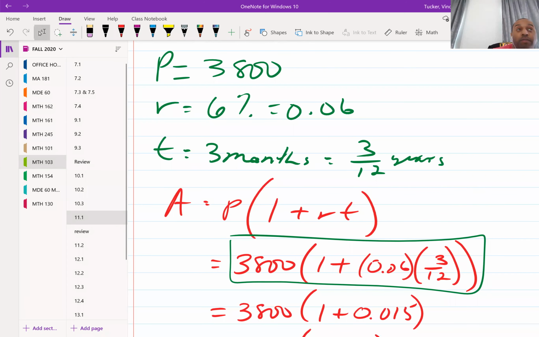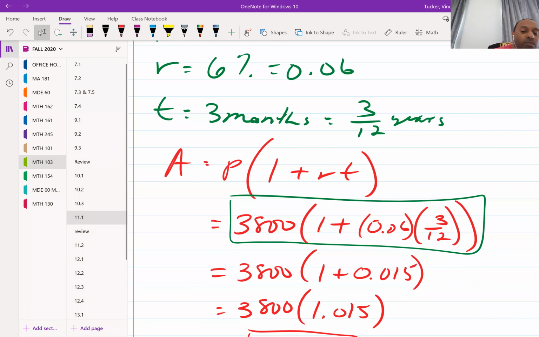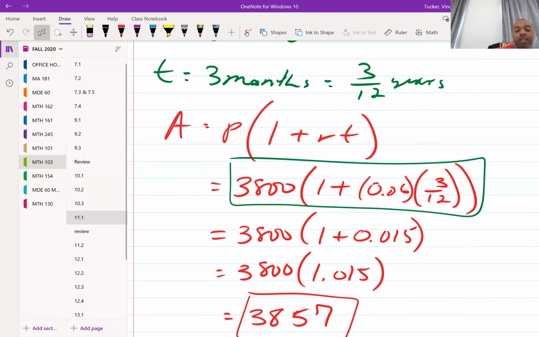Now, if your calculator can't just do it like that, then you have to do it in pieces. So you will multiply 0.06 times 3/12. That gives you 0.015. 1 plus 0.015 is 1.015. And multiply the 3,800 by it, and that gives you 3,857. Like I said, certain calculators may not have this function of putting in the parentheses like that.